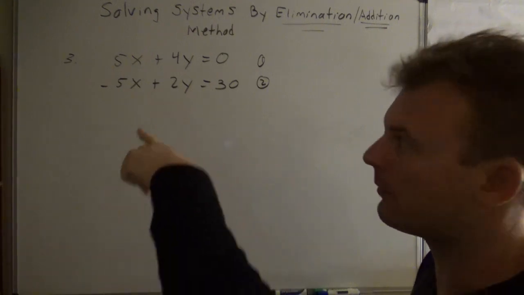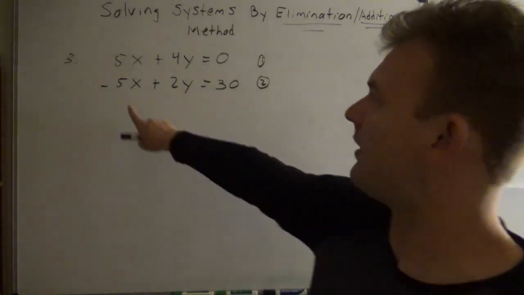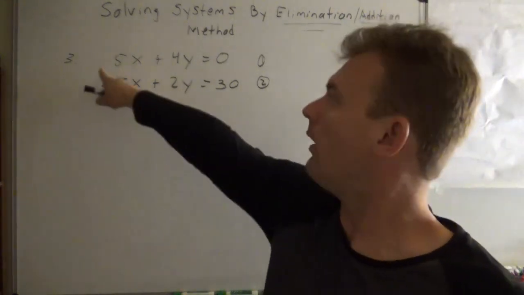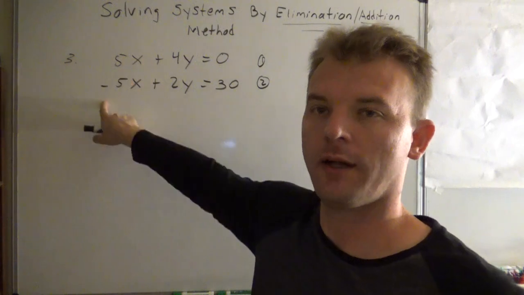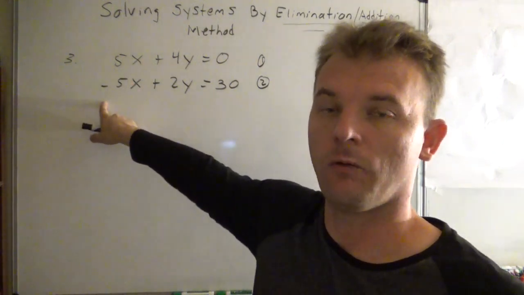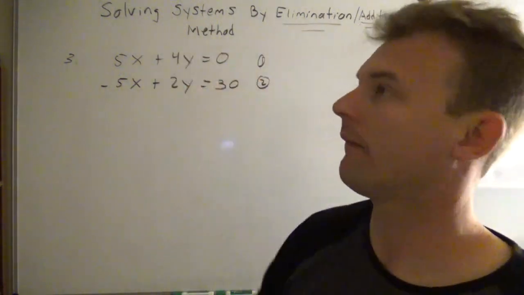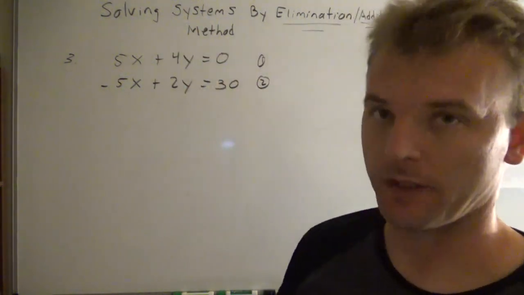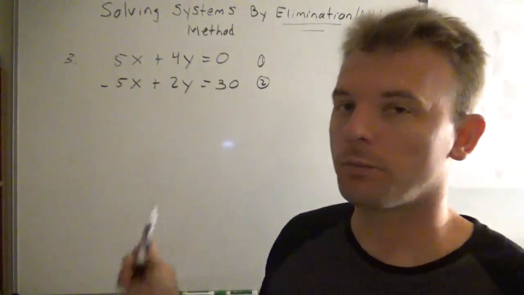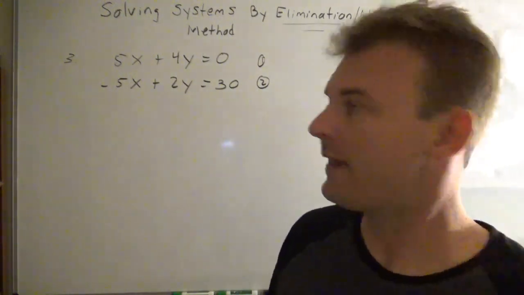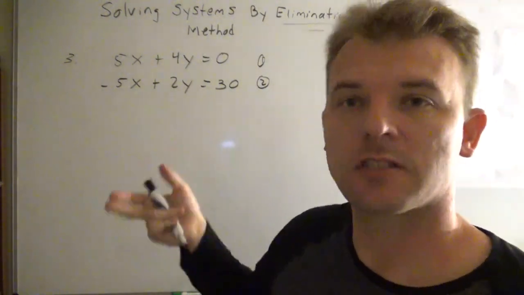X has the same number on it. The 5x. One has a positive, one has a negative. Well, right there tells me if I add these right now, I get rid of a variable. And that's what I'm going to do. I'm not going to multiply by anything because I don't need to. If I do that, I'm just making it worse.